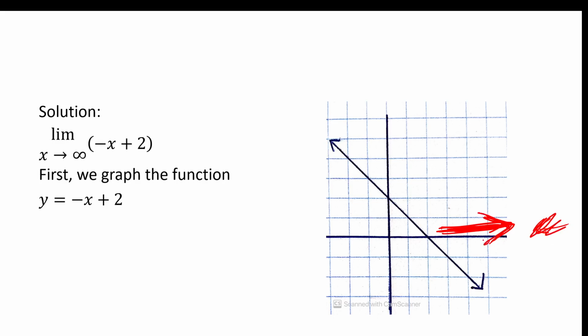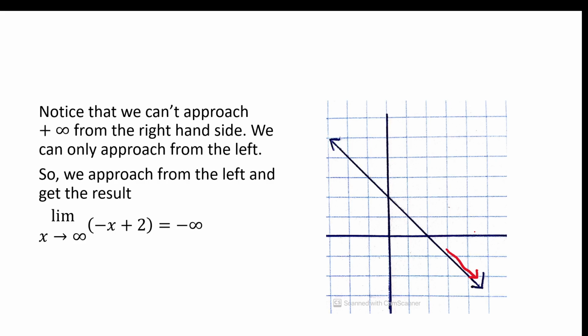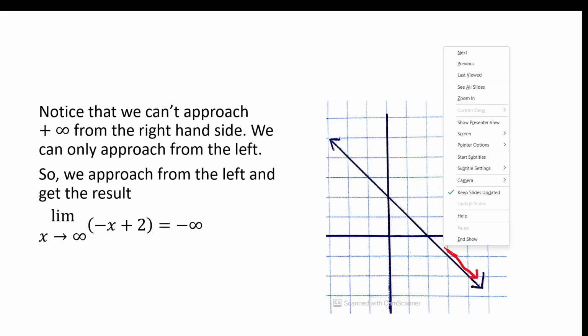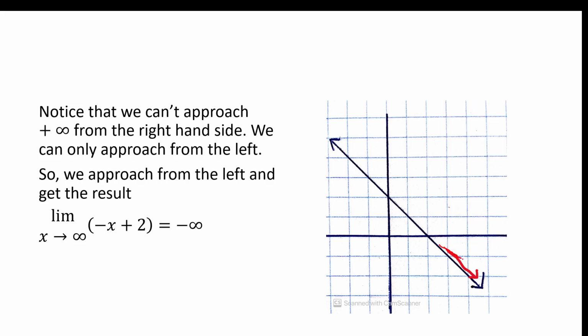There's only one direction you can approach positive infinity from. So we approach from the left, and we see that as we approach positive infinity from the left, our y value shoots down to negative infinity, and we can make this statement. Okay.